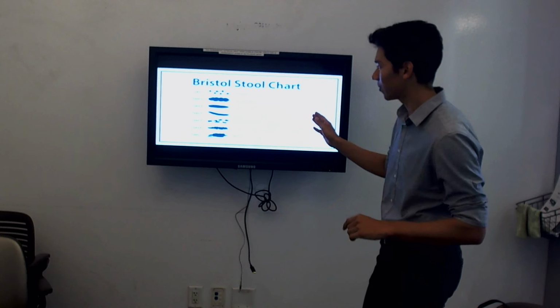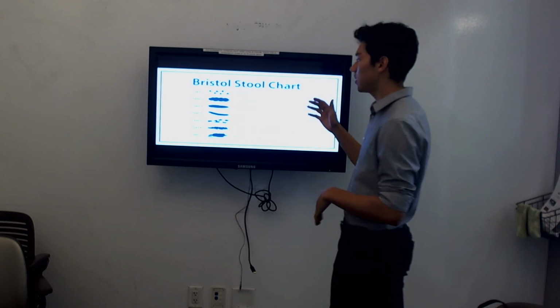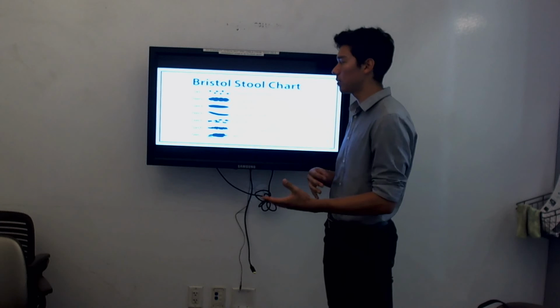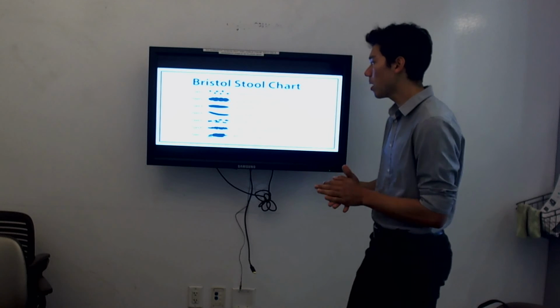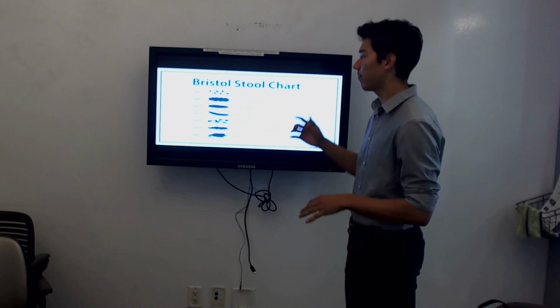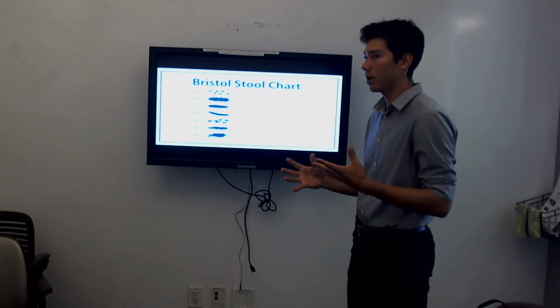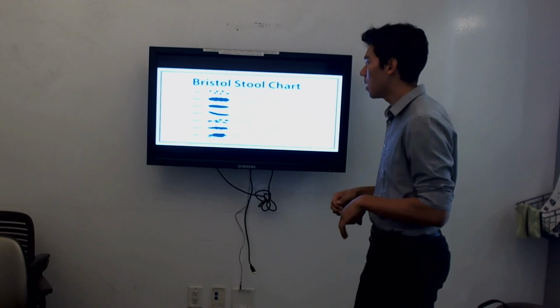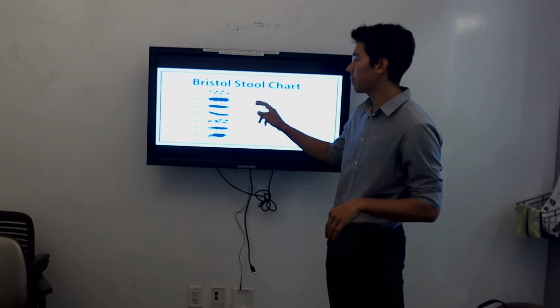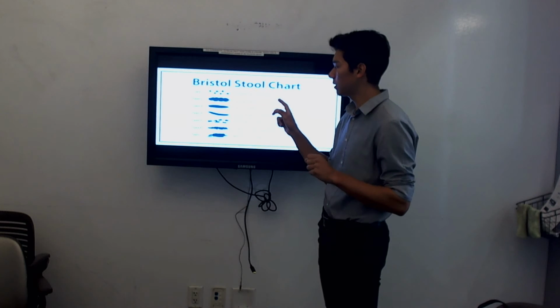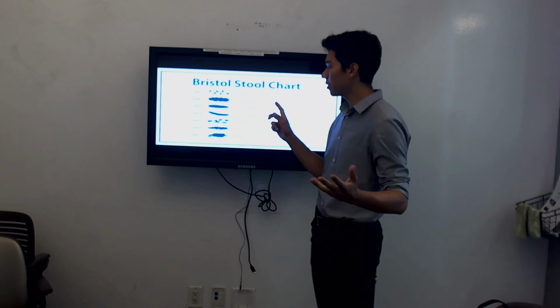So this is the Bristol stool chart. Essentially this is just showing you the progression of what bulky stool and diarrhea look like. In type 1 we have separated very hard lumps, and this is the most constipated, most dehydrated your body can be. Type 2 is the same thing, but the clumps are stuck together, so it's a little bit lumpy in shape.